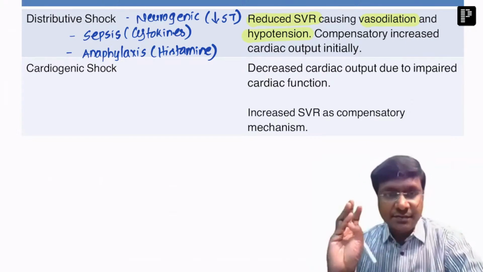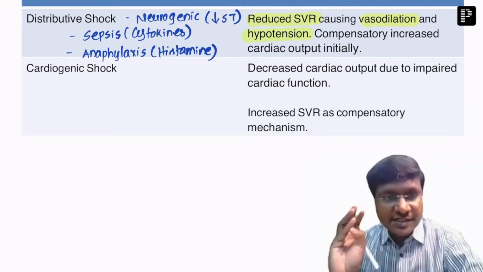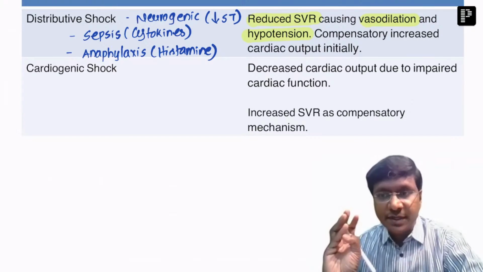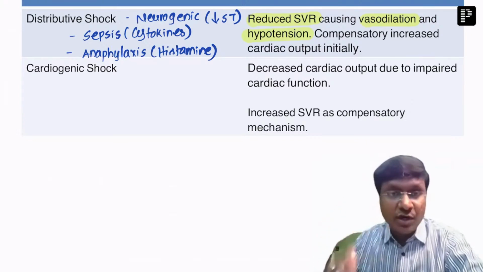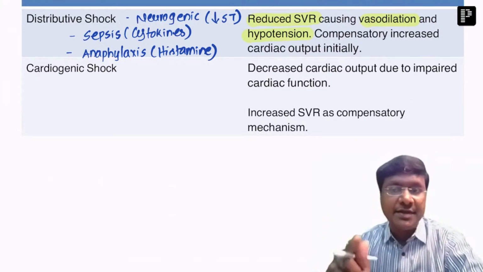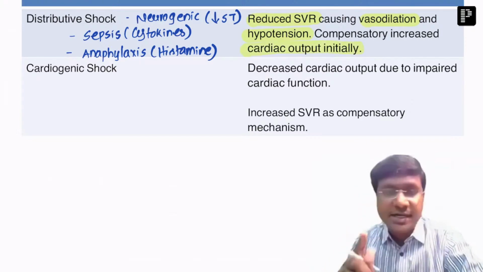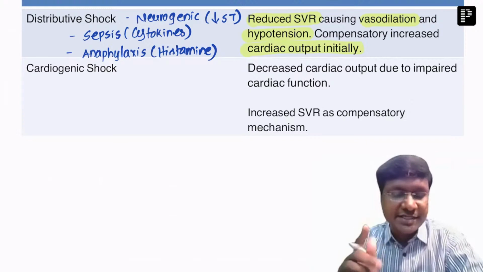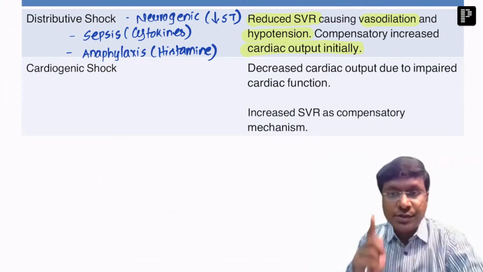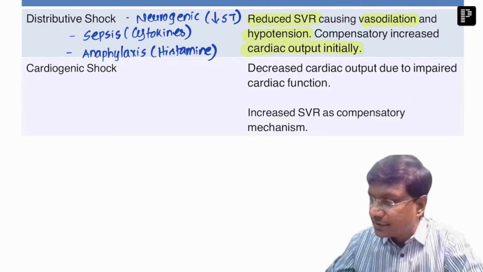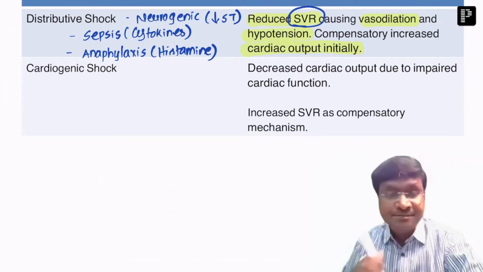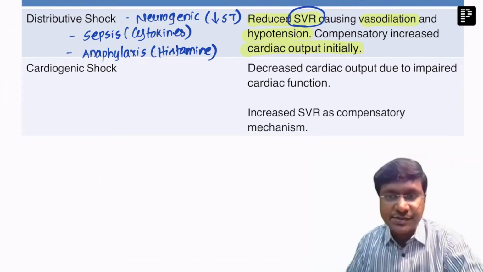Now, once there is reduction in the systemic vascular resistance and hypotension, what is the compensatory event that will be happening in the distributive shock? The compensatory event is there will be increase in the cardiac output initially. In early stages, there will be increase in the cardiac output. So the point to remember here is in patients with distributive shock, there is decrease in systemic vascular resistance.